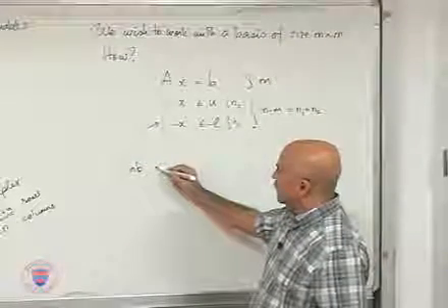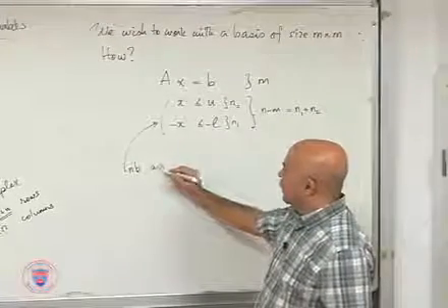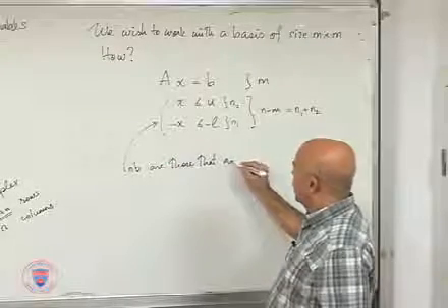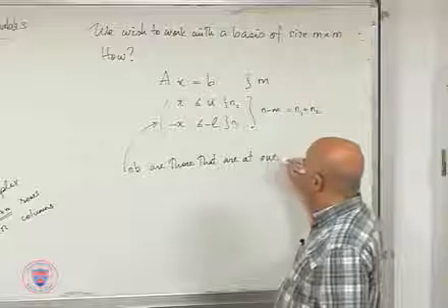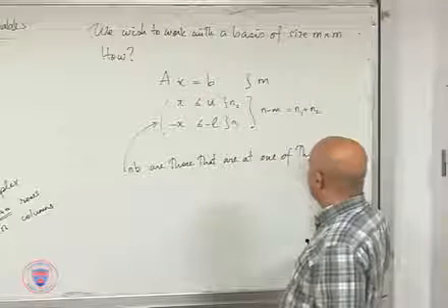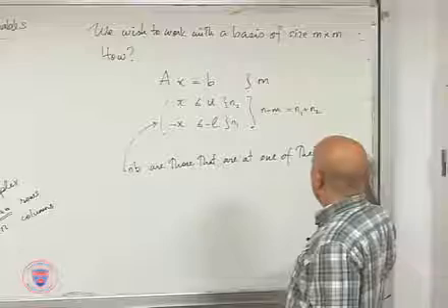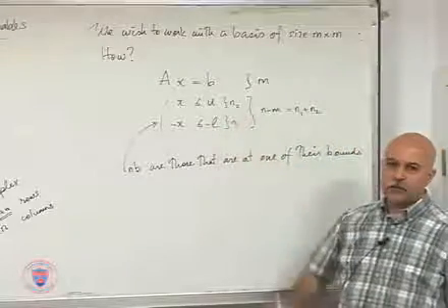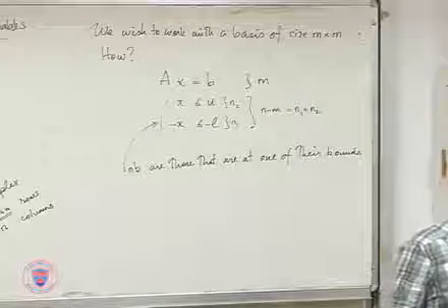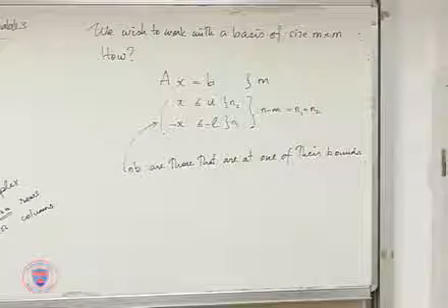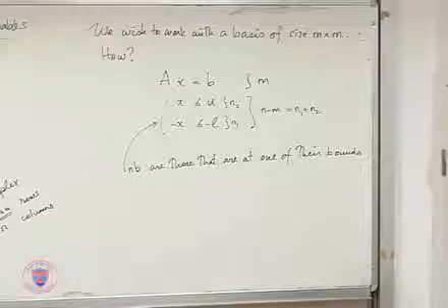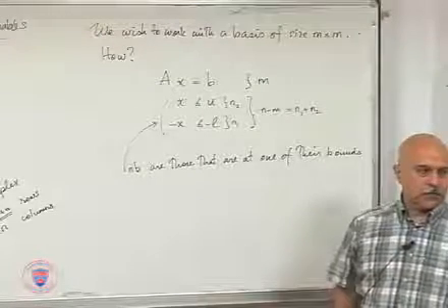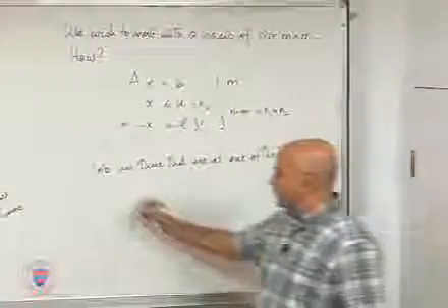Non-basic variables are those that are at one of their bounds. Some n1 of them will be at the lower bound, some n2 of them will be at the upper bound, and the total will be n minus m. And the remaining variables will be your basic variables. Okay?